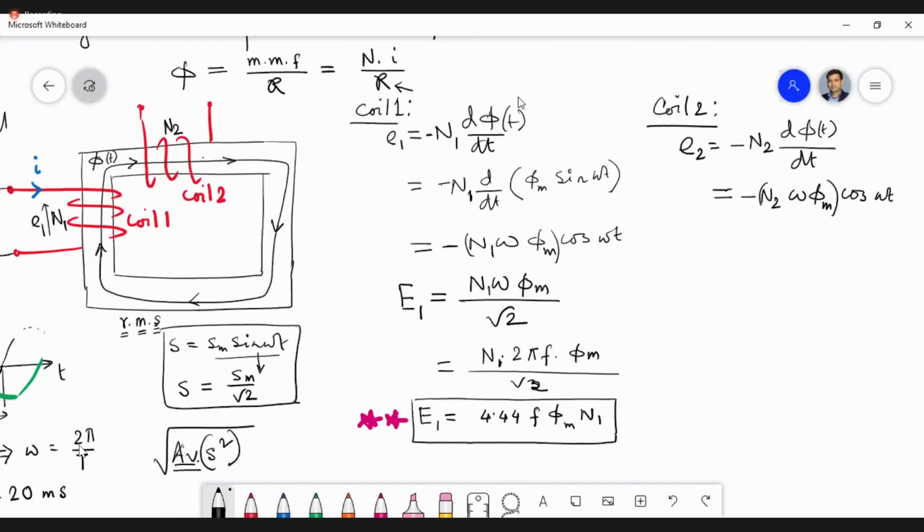And if we want to find the RMS value, we'll get the same expression. Only what will be the difference? N2 will come. The number of turns will be different.